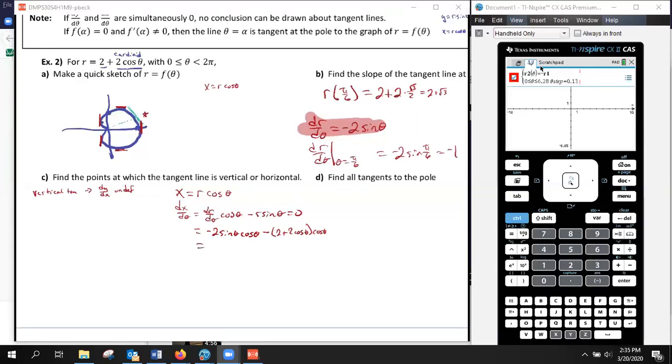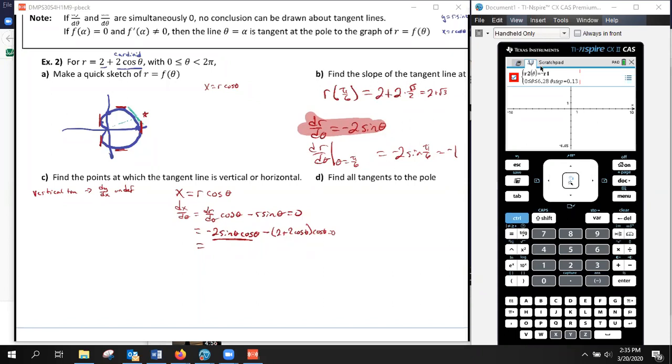Simplified is, does anybody recognize what this is? I see that as being 2 sine θ, but that's not going to help us at this point. So I want to know where this equals 0.